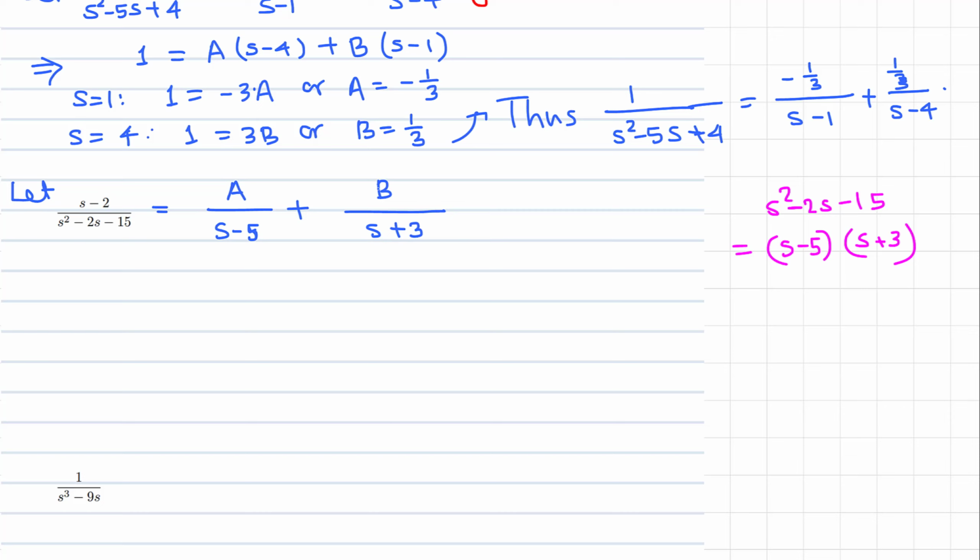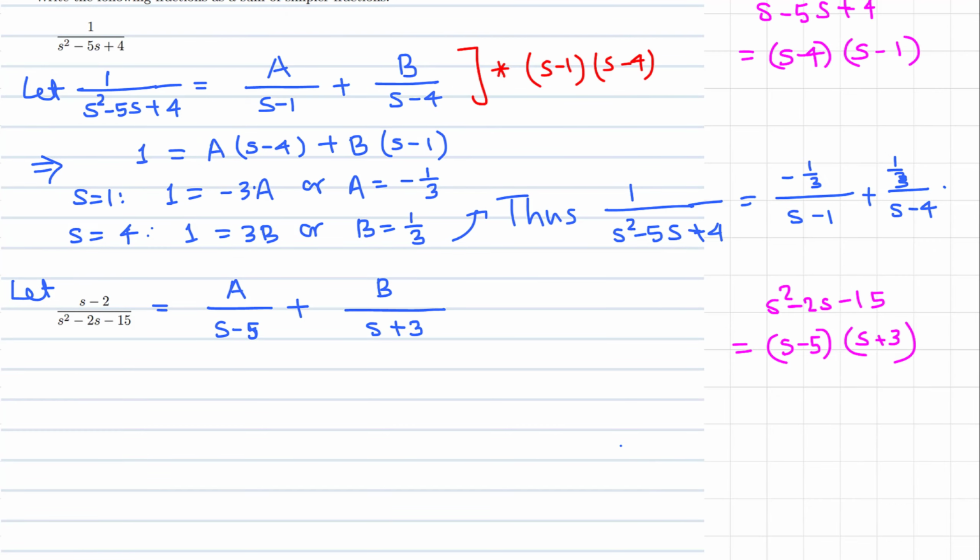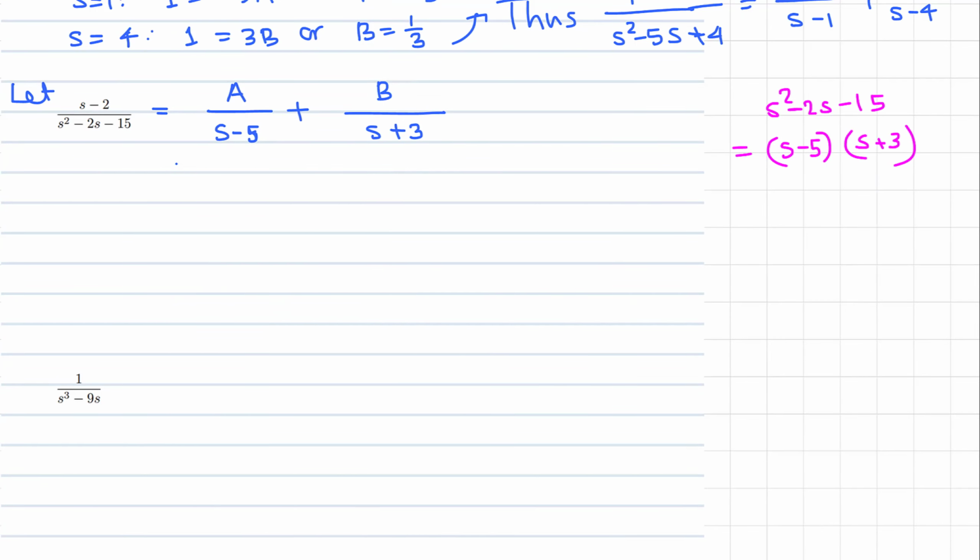Again, we need to determine the values of a and b. If we go through what we did in the previous one, we multiply through by the product, s minus 5, s minus 3, then the bottom cancels anyway. So this implies the top equals a times this one, plus b times s minus 5.